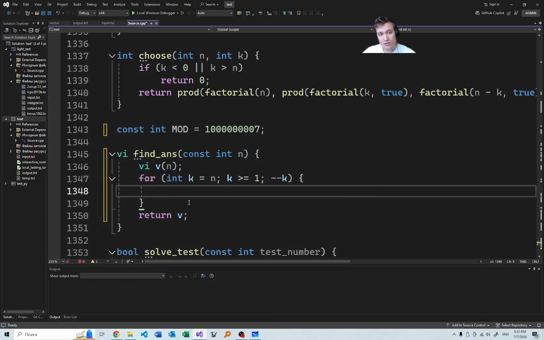Positive non-zero integers, yeah. So we try to find the sum of all numbers which are divisible by k. So we start with k minus 1.